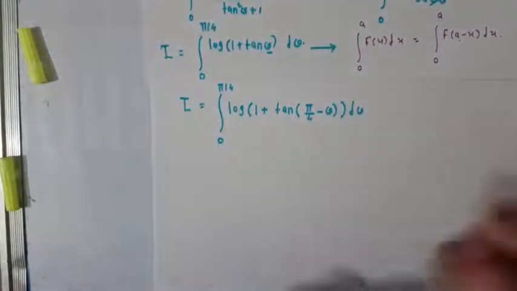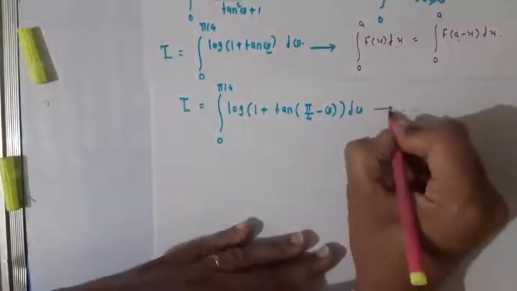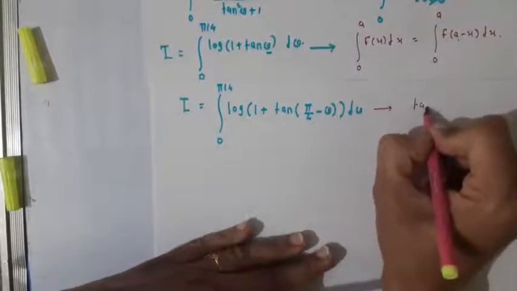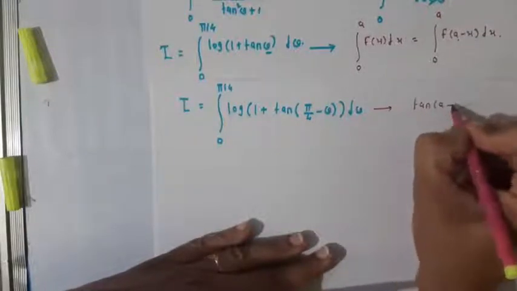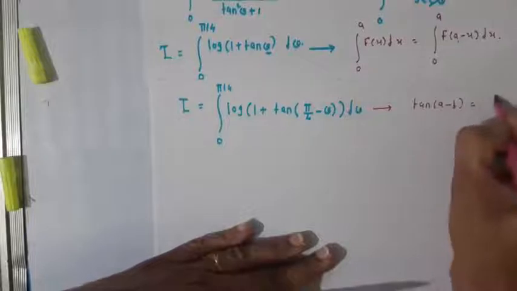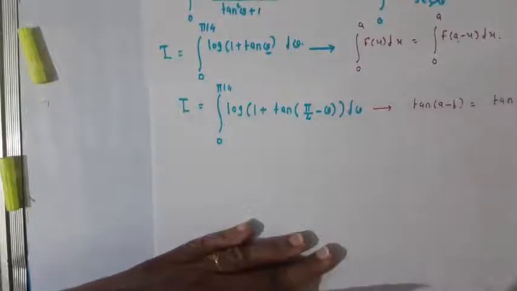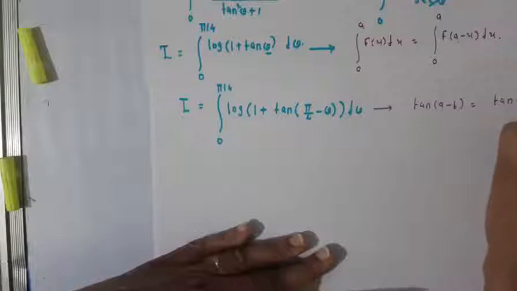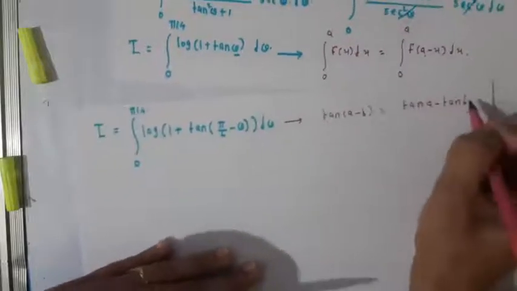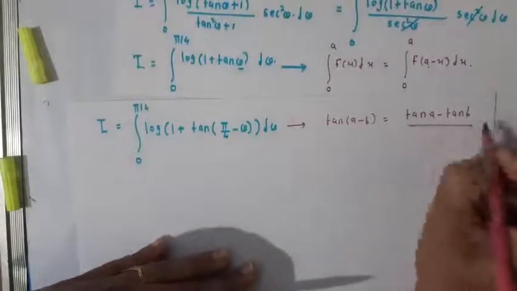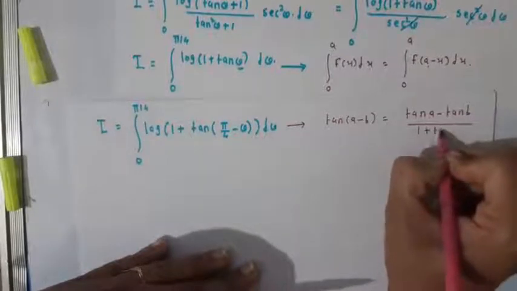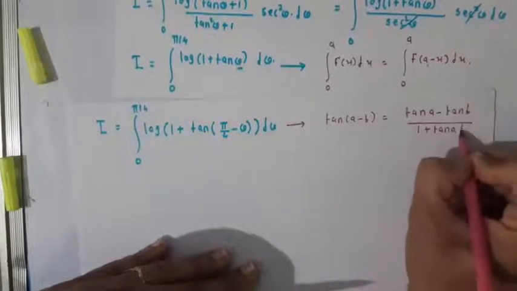Students, you know the formula for tan of (a minus b). The formula is tan a minus tan b upon 1 plus tan a tan b.